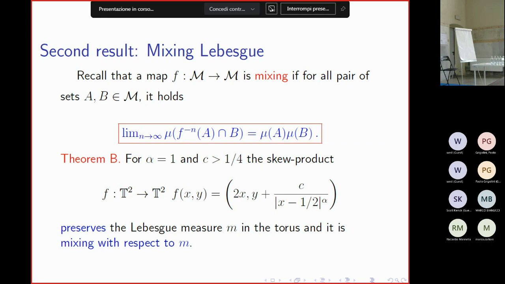We have proved that for alpha equal to 1 and c bigger than 1/4, this skew product or cocycle preserves the Lebesgue measure in the torus and is mixing with respect to Lebesgue.